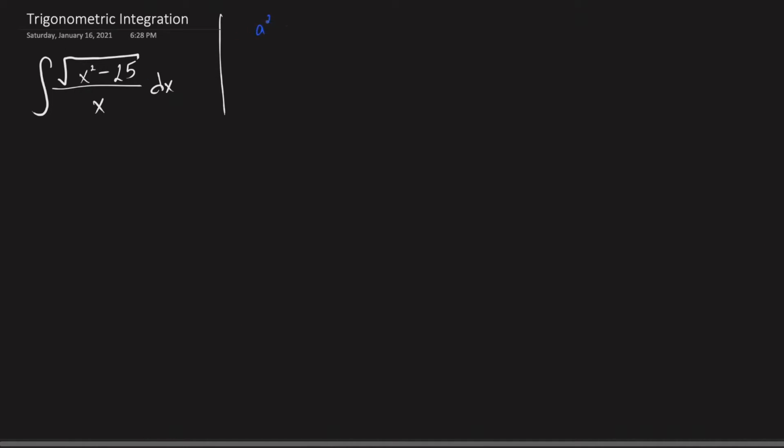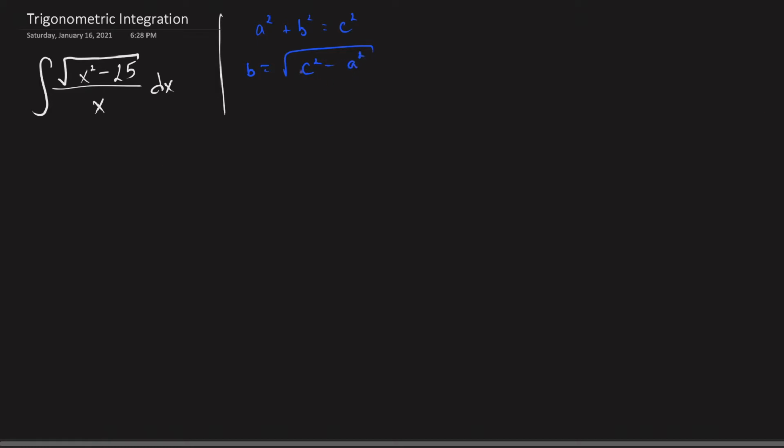If I look at the Pythagorean theorem, a squared plus b squared is equal to c squared. If I solve for one of the other sides, let's say b, we get b is equal to the square root of c squared minus a squared.